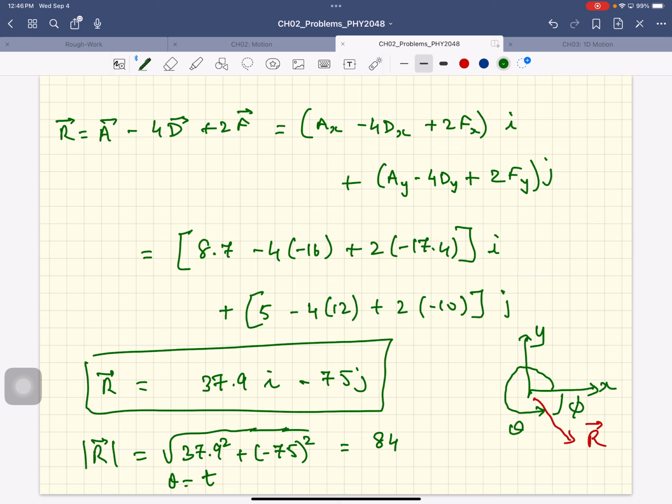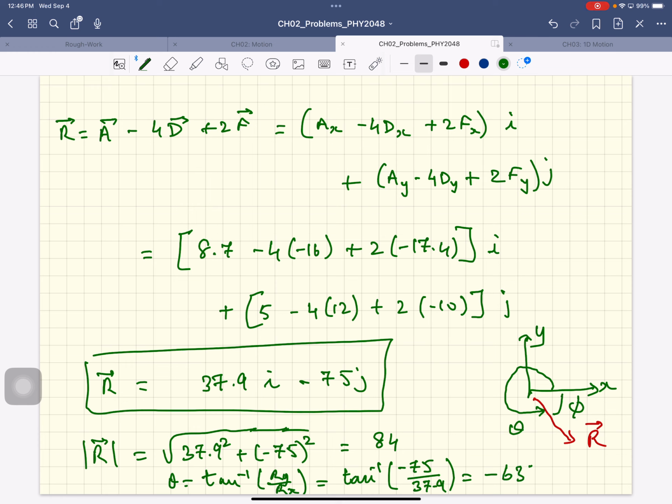Theta is tan inverse of ry over rx, tan inverse of minus 75 over 37.9, so minus 63 degrees.